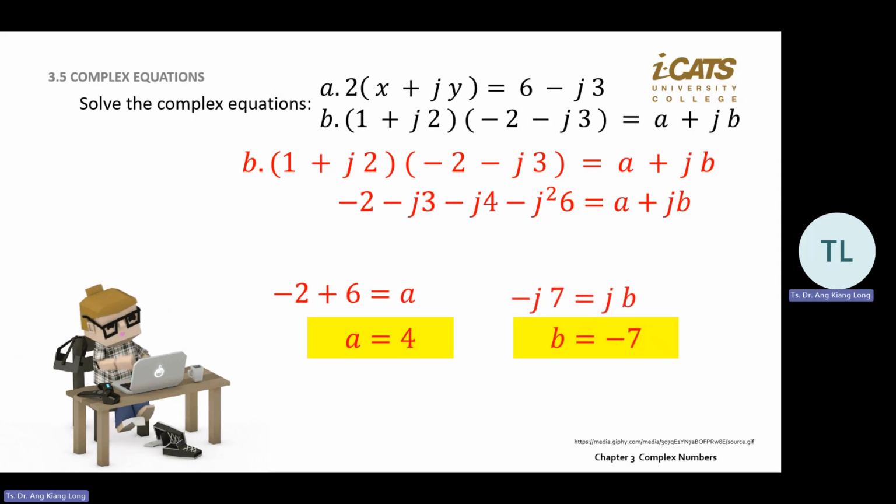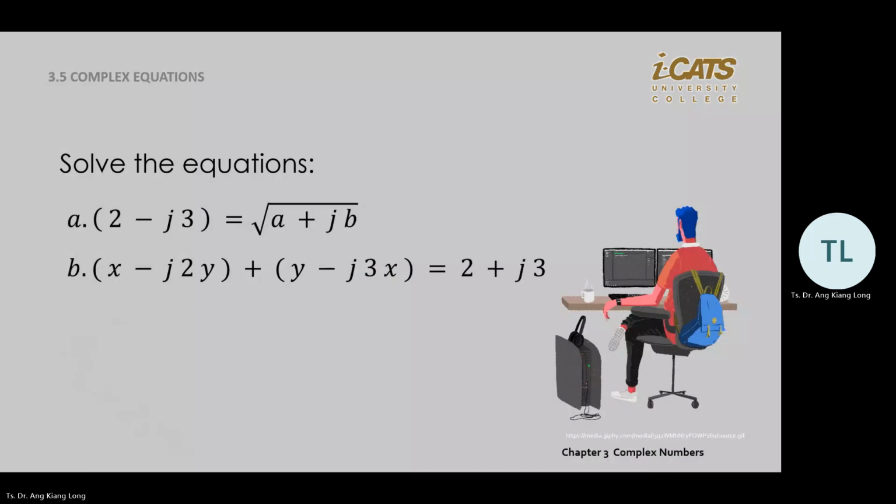In this case, you compare what is the real side. The real side is 4. B will be -7. Okay, careless mistakes are always about J squared equal to -1.